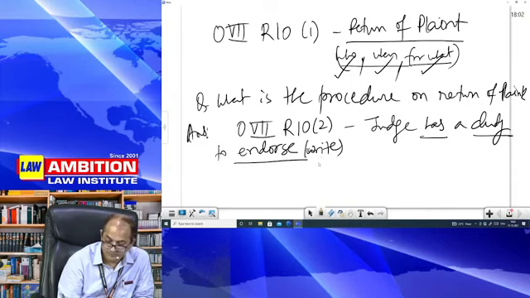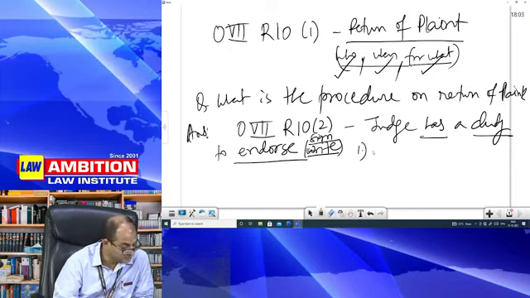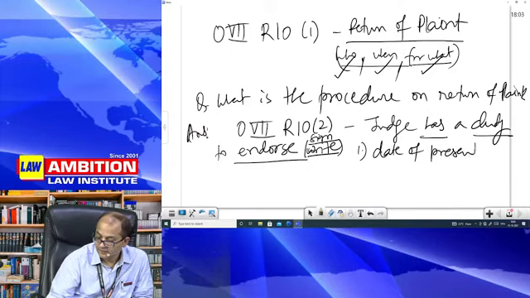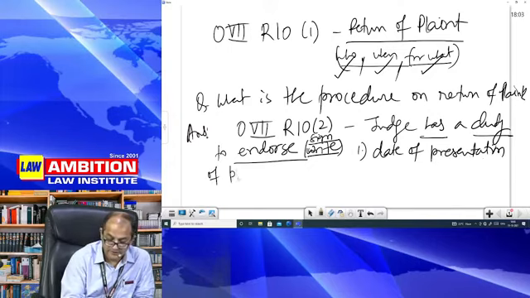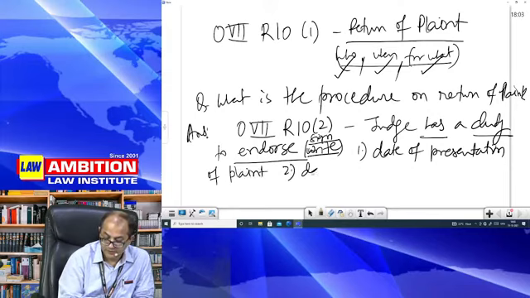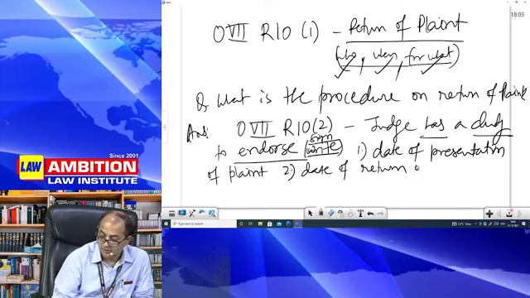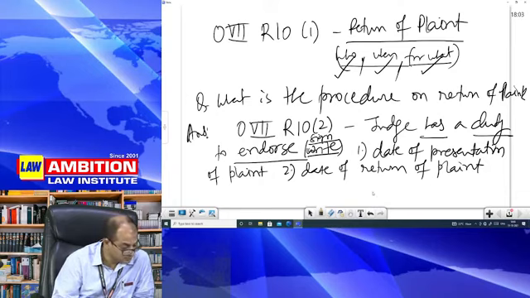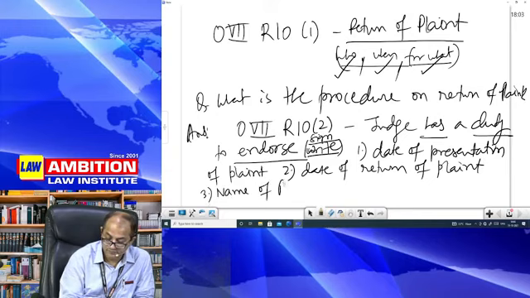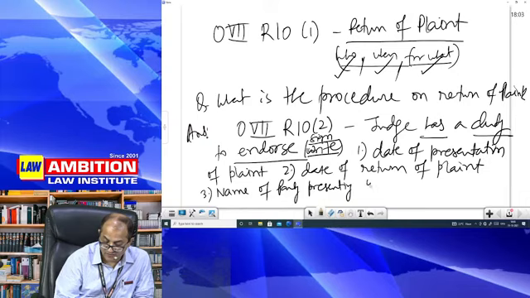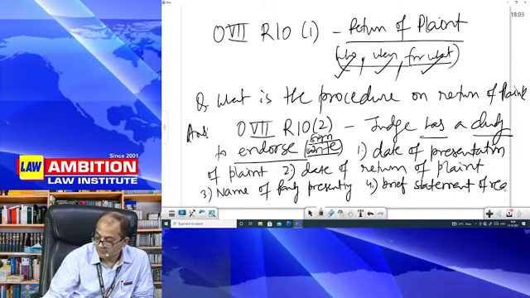Endorse. Now what? Write, sign. It says the date of presentation of plaint, the date of return of plaint, the name of the party presenting, and a brief statement of the reason.